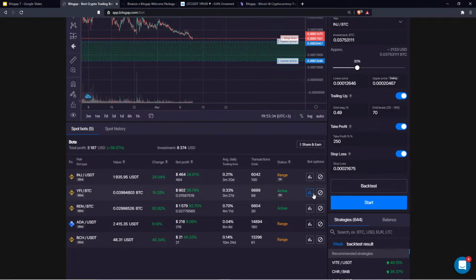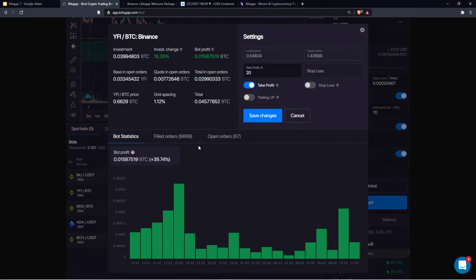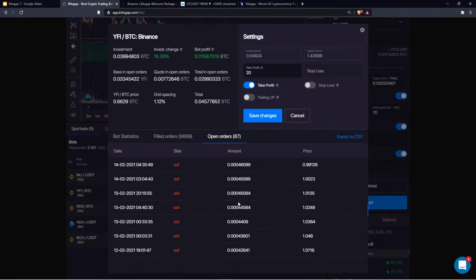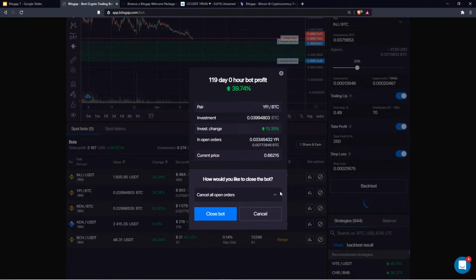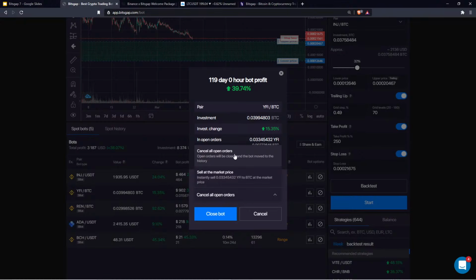So you see all of the open orders that I have here, they will be cancelled on the exchange, but the UFI and the Bitcoin, which is the quote currency here, is going to stay on my balance. So even though I closed all of the open orders, I'm still exposed to the value change of the UFI.